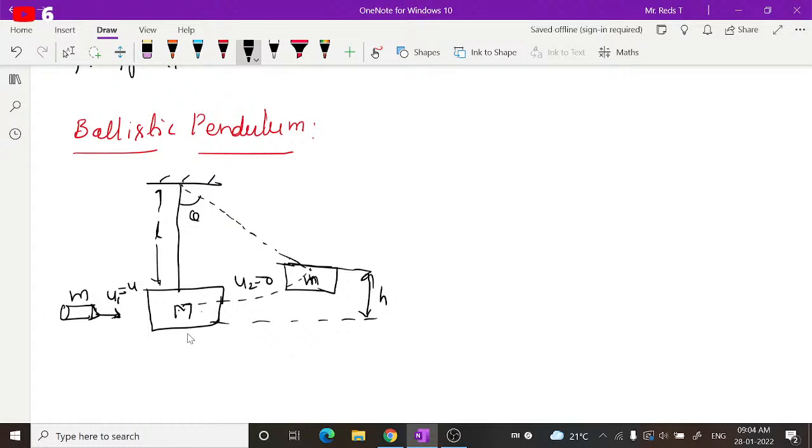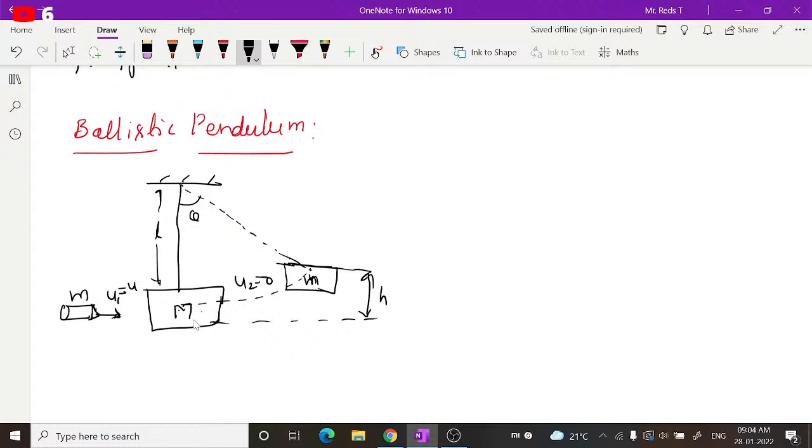Here the final velocity of the system together can be calculated if we are asked to find it. But one additional point we will also discuss. After collision, the bullet and block together will be moving with some common velocity v. That means this system will have some kinetic energy.